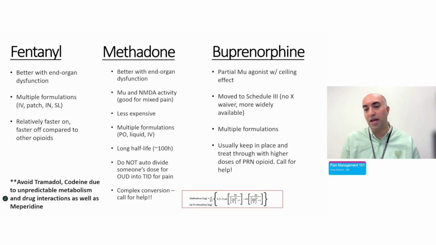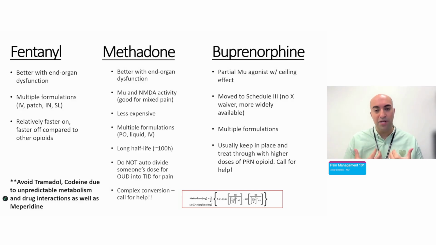Then you'll likely also get a talk on buprenorphine, which is becoming more and more common. We are seeing more and more patients admitted already on buprenorphine at baseline, given that it's moved to a Schedule III drug. There are also multiple formulations that you can use, which you'll talk more about, sublingual and patches.